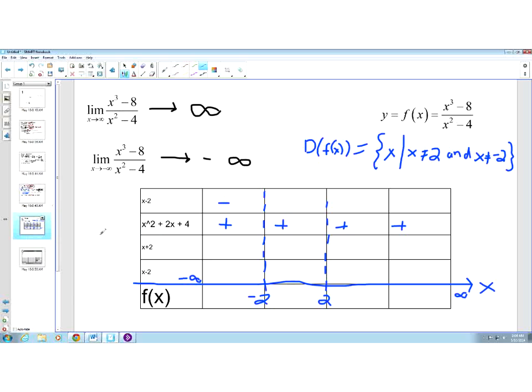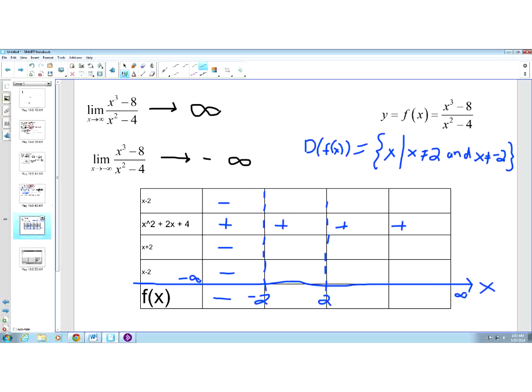It's pointing up, and no matter what value of x you plug in, you get a positive output. Now, x minus 2 is always below the x-axis when x is less than negative 2, and the same goes for this factor as well. So between negative infinity and negative 2, f of x will be the product of a positive number and a negative number divided by a product of two negative numbers, and so that is always a negative number. That means on this interval, f of x falls below the x-axis.